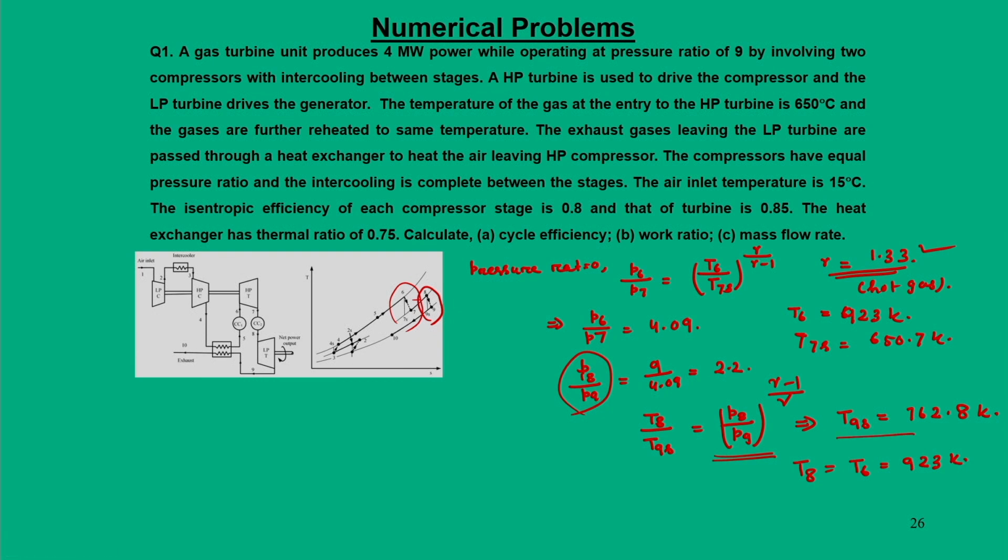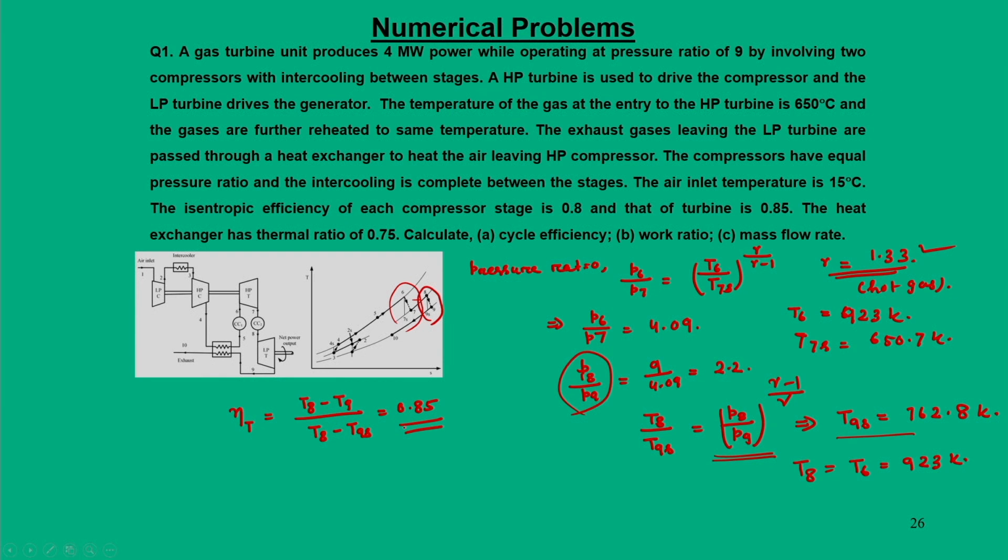So, we find out T9s. Once you do this, then you have to find what is actual T9. For that we can write the efficiency of the low pressure turbine, that is T8 minus T9 divided by T8 minus T9s, and that is equal to 0.85.